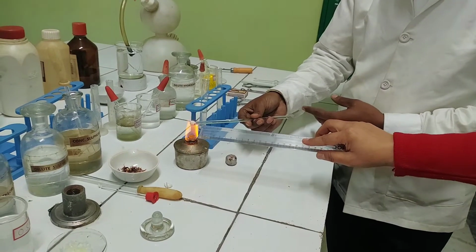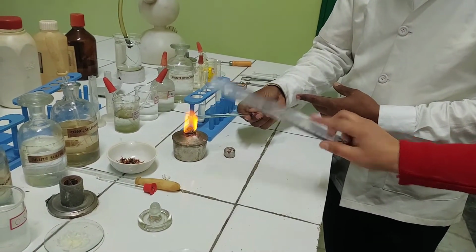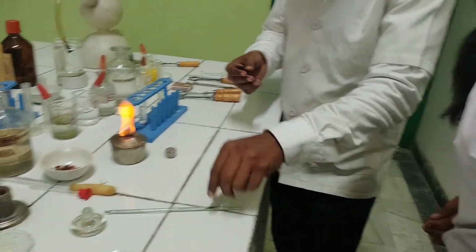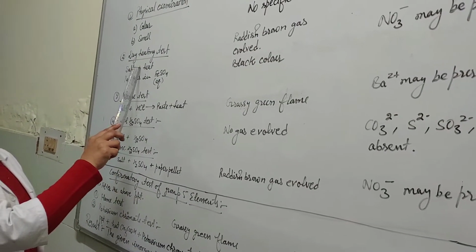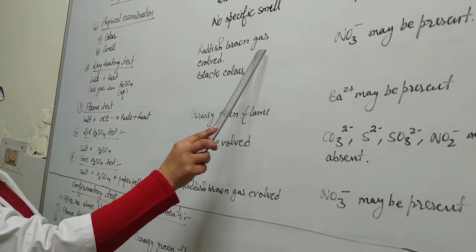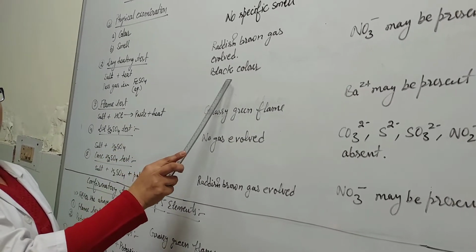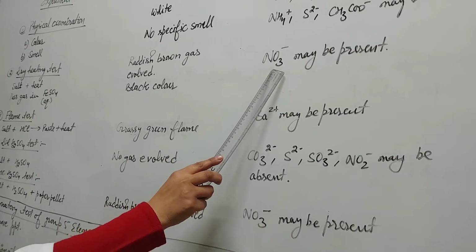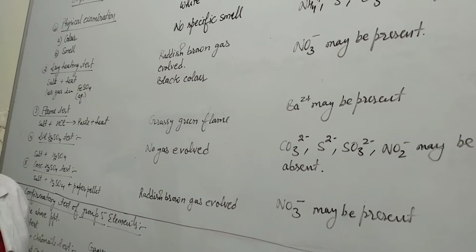You can see here a reddish green color is produced, and it will produce brown fumes on heating. When reddish brown fumes are produced in the dry heating test, which turn ferrous sulfate black, it shows that nitrate ion may be present in the given salt.